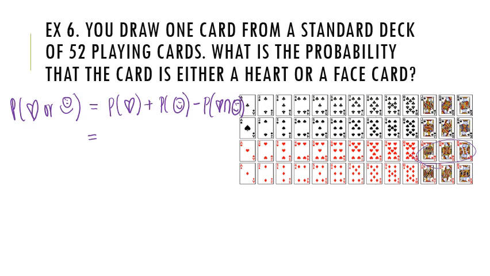We have in total 13 hearts out of 52 cards. What's the probability of getting a face? We have 1, 2, 3, 4, 5, 6, 7, 8, 9, 10, 11, 12. So we have 12 face cards with a total of 52. And then how many face cards and heart cards do we have? So that would be 3. 1, 2, and 3.